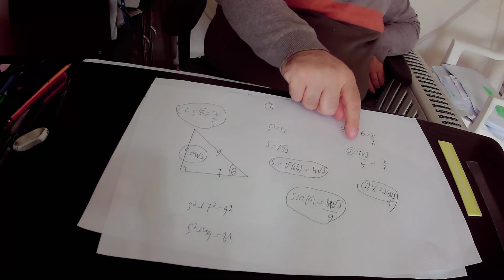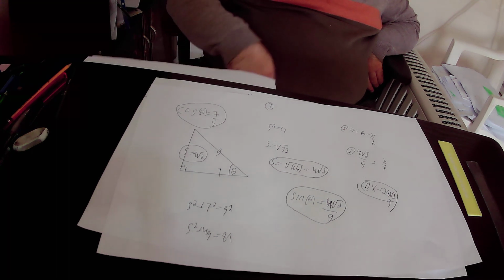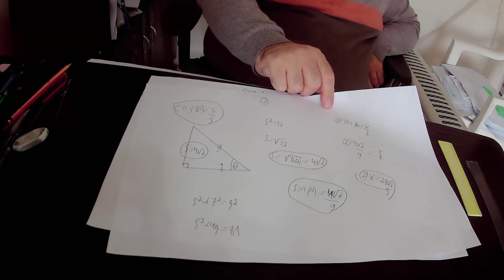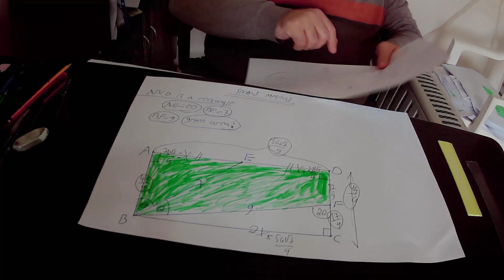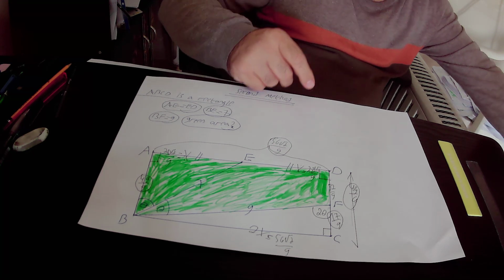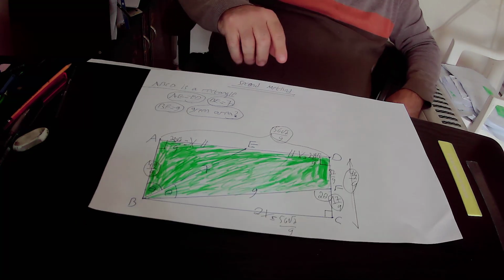We did it and we got that 4 times square root of 2 over 9 equals x over 7. We multiplied the equation by 7 and we got that x equals 28 times square root of 2 over 9. So we can write here that x equals 28 times square root of 2 over 9.